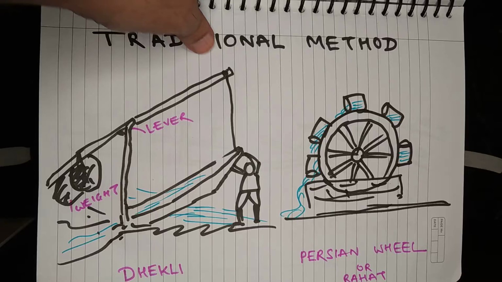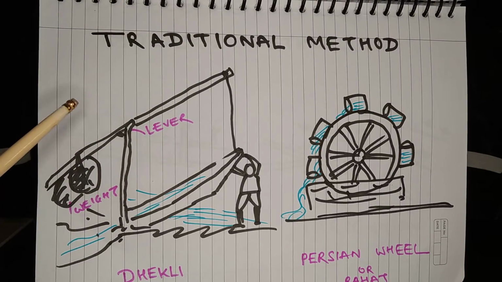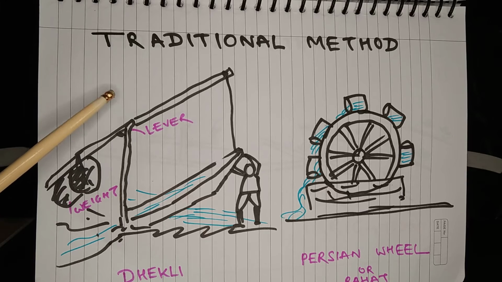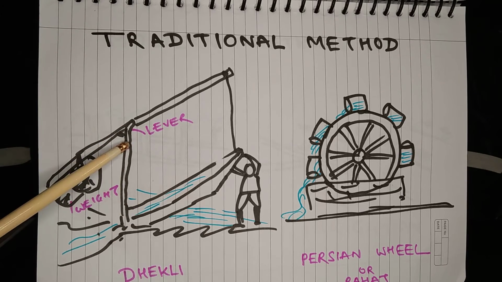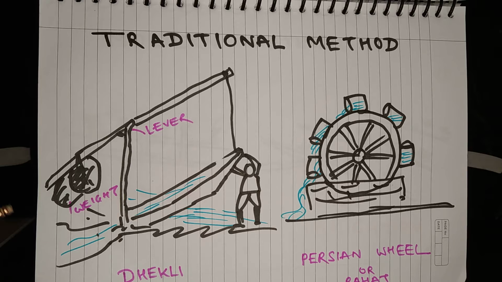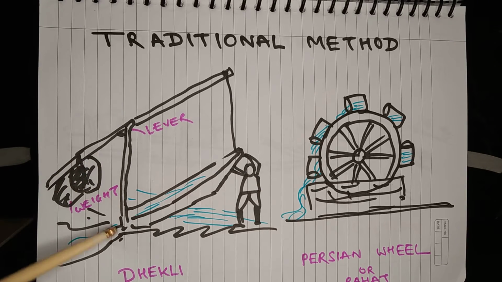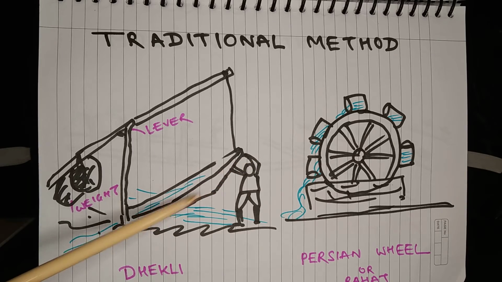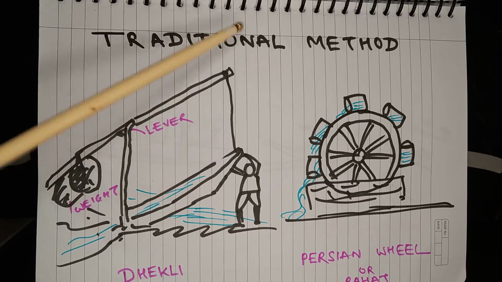Next method is dhekli. This is composed of a system of lever. So a long vertical pole is there, which works as a fulcrum, and there is a long beam which works as a lever. A counterweight is attached over here, and a long container, usually made of wood, is attached with a rope.